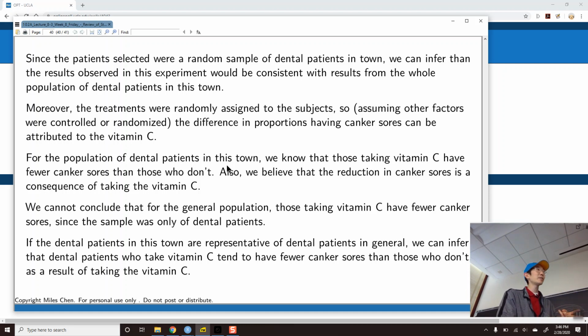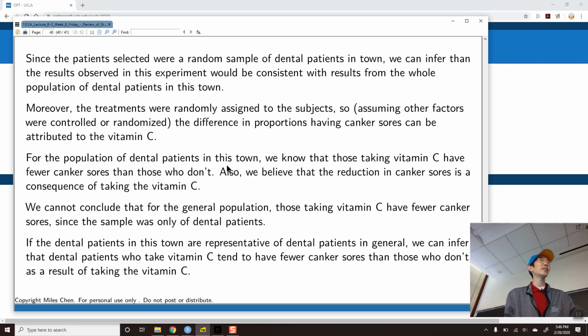Because to do an experiment, you need the consent of the person to participate in the experiment. You might have gone through the trouble of identifying a random selection of people, but if not 100% of the people consent to be part of the experiment, it's no longer a random sample.